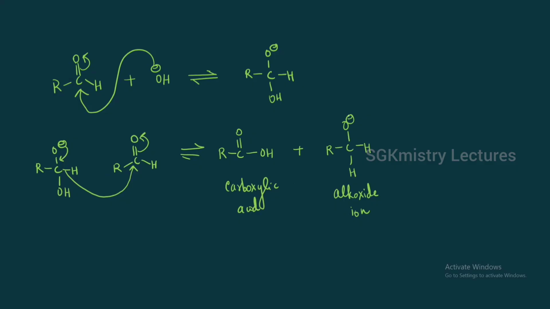So now there will be proton exchange. Here the hydrogen will be abstracted and this bond shifts here. Because of which you get RCOO minus. This minus charge, of course, if it is sodium hydroxide that is used, you get the sodium salt of carboxylic acid. Along with that, you get RCH2OH. So this is the mechanism of the Cannizzaro reaction.